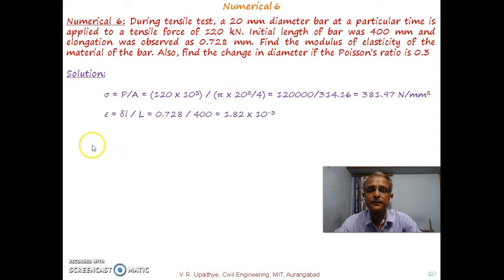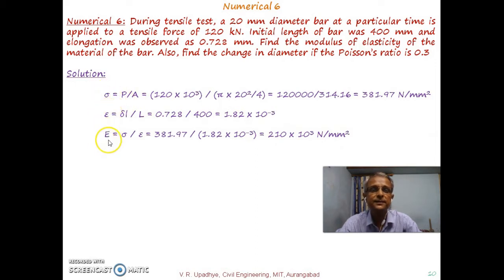Further, strain, that is longitudinal strain, is delta L divided by L. The change in length at that particular point is observed to be 0.728, and the original length of the bar is 400 mm. So this ratio is 1.82 into 10 to the power minus 3. Now sigma is known and epsilon is known.